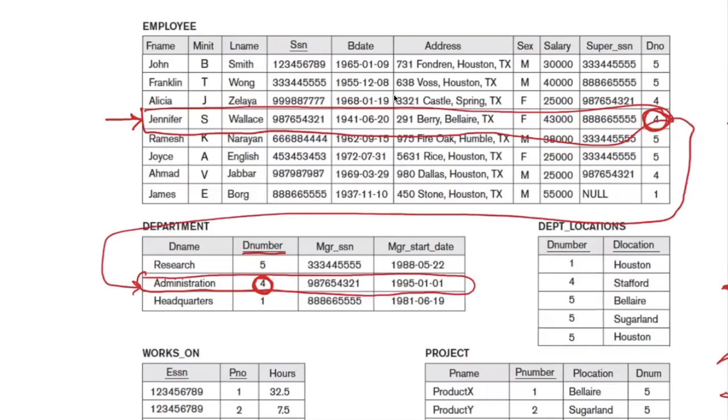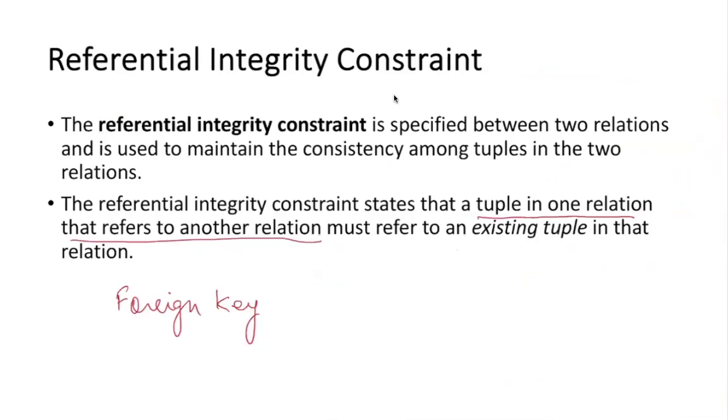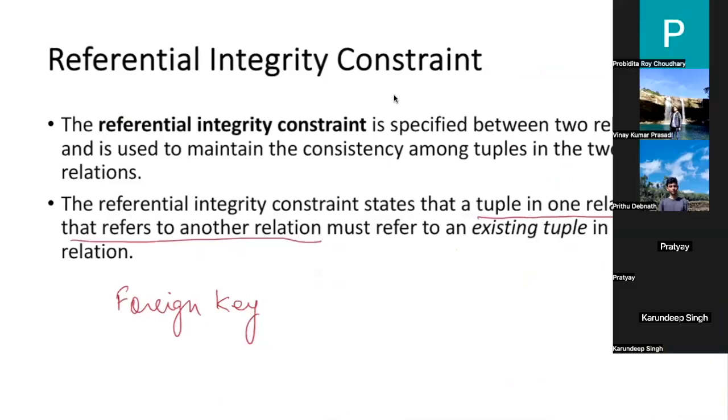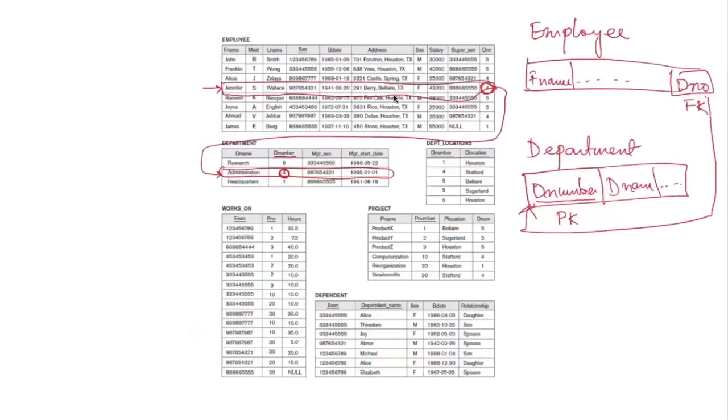Again, the referential integrity constraint says that a tuple in one relation that refers to another relation must refer to an existing tuple in that relation. So if you look at this 4, this tuple refers to 4. 4 is already existing in department, so this is valid.